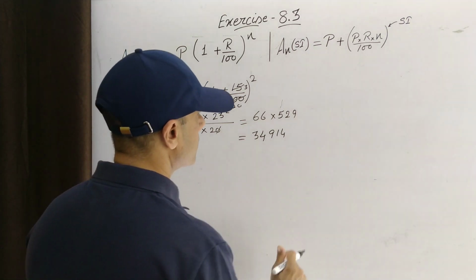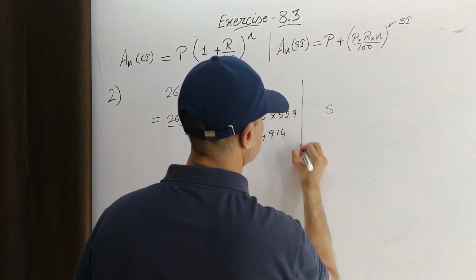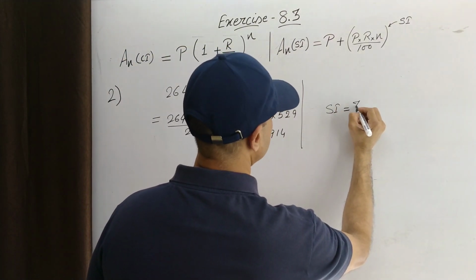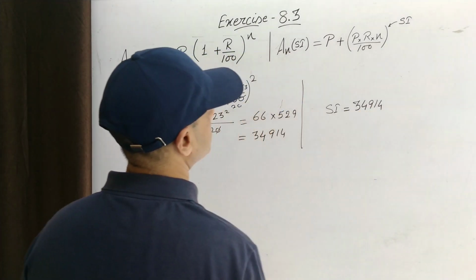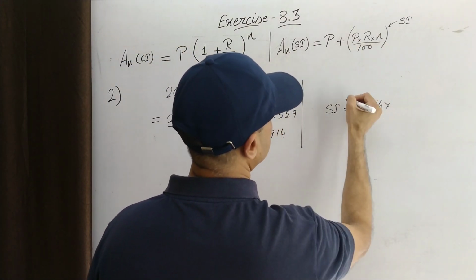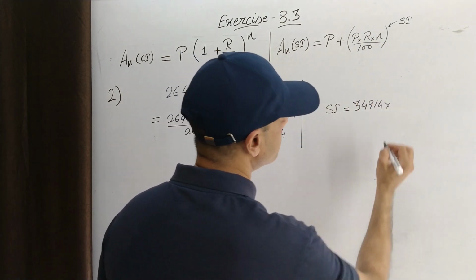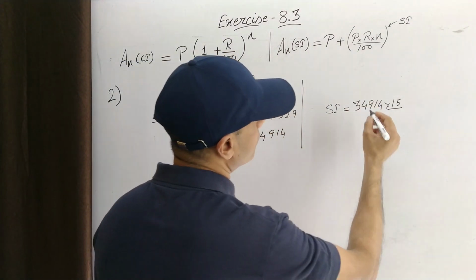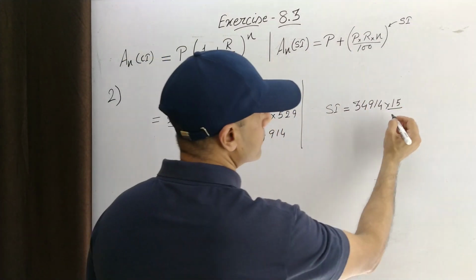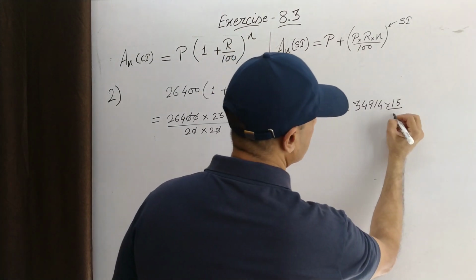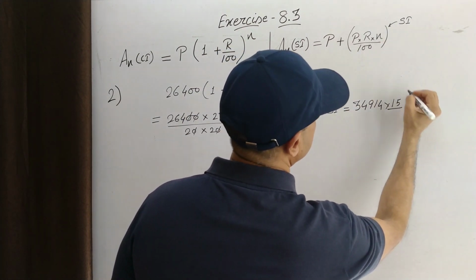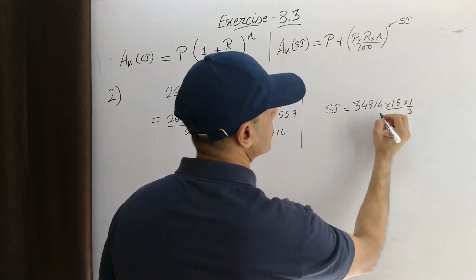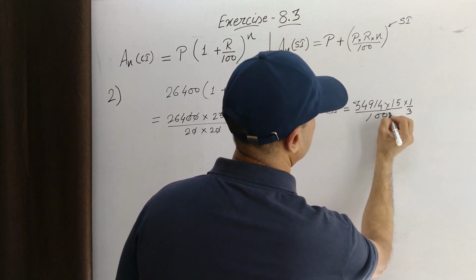So simple interest is equal to the principal amount, that is 34,914, into rate of interest 15% per annum, for the duration, and in this case it is 4 months, that equals 1/3 year, and we divide this by 100.